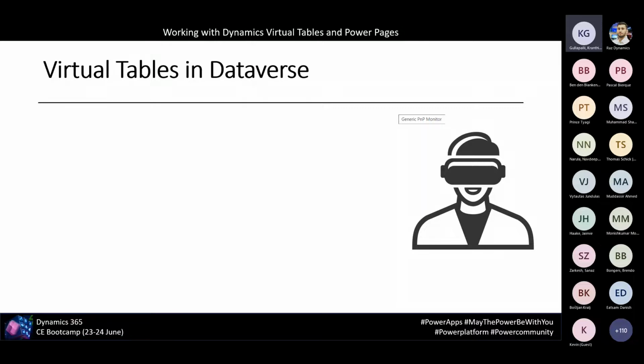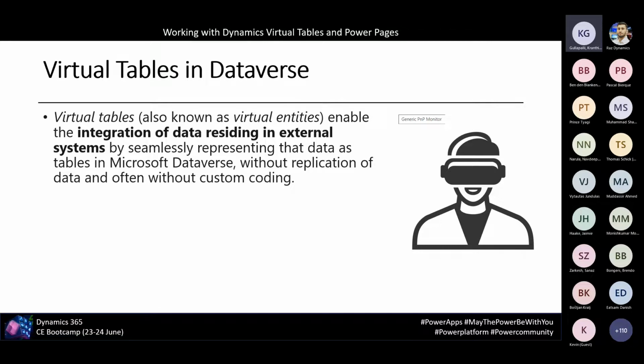Whenever we select an entity as a virtual table, it means that the data doesn't reside in Dataverse. It is just a table, and it plays like a proxy: it will get the data from somewhere and send it to whoever is requesting. That is it. It doesn't hold the data in the Dataverse.